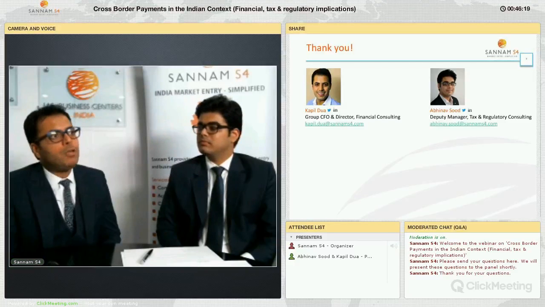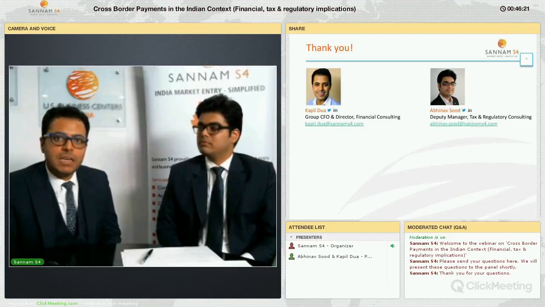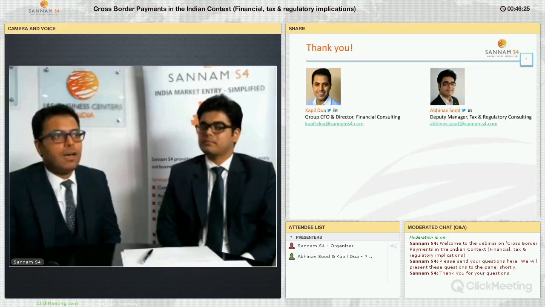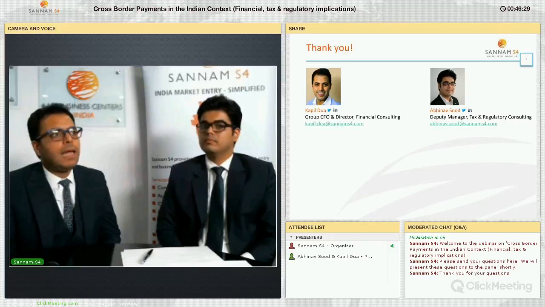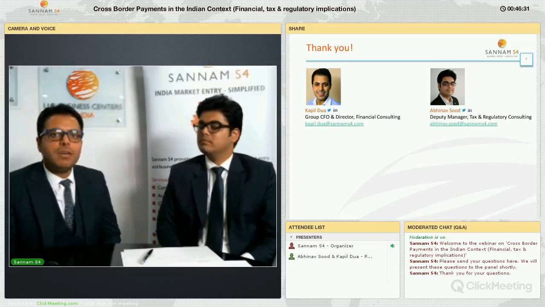That's one. When you're transferring funds towards the income of the Indian company, for example, the Indian company is on a cost plus model and you are funding the whole business of the Indian company, then the question is whether the Indian company is charging service tax on the cost which they are invoicing to their foreign holding company or not. If they are charging service tax, you're free to invoice, and you're free to send monies in Indian rupees.